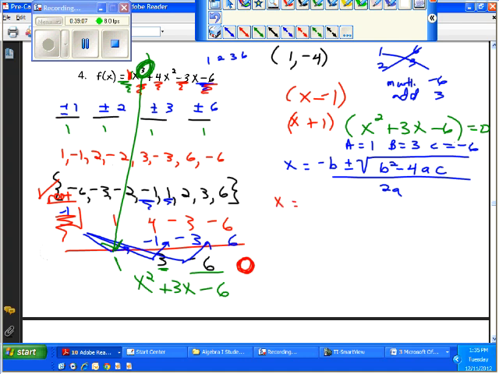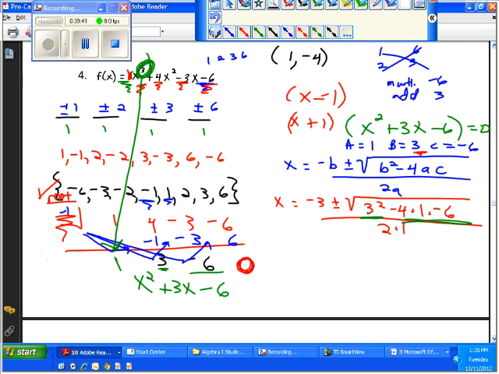And so I'm going to have x is equal to the opposite of a positive 3, which is a negative 3, plus or minus the square root of 3 squared minus 4 times 1 times negative 6, all over 2 times my a of 1. So it wouldn't factor, so we had to use the quadratic formula. That tells me that there are possibly irrational or imaginary roots on this one.